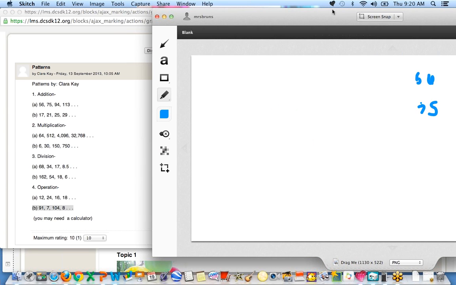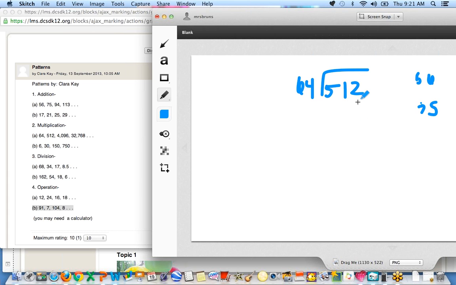All right, maybe it'll let me write where I'm supposed to now. 512 divided by 64. Wow, that is looking bad. All right. This is the problem that you should be working on.